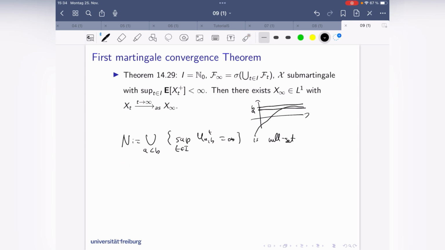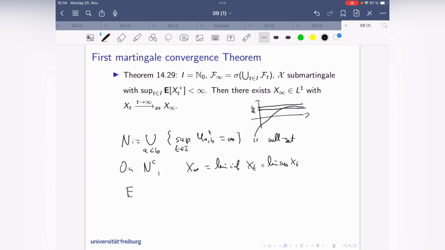And on the complement of N, we have convergence, as we just argued. Nothing else than convergence can happen. X infinity equals lim inf xt, which equals lim sup xt. So we have convergence. And what else?